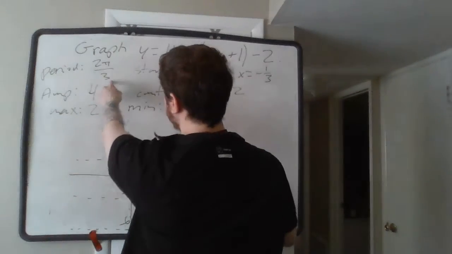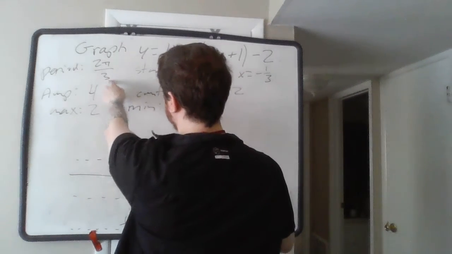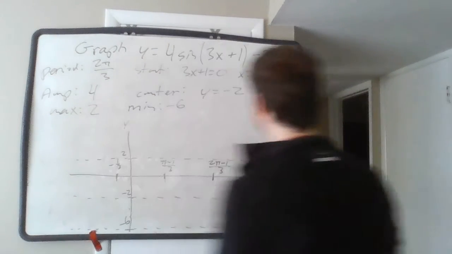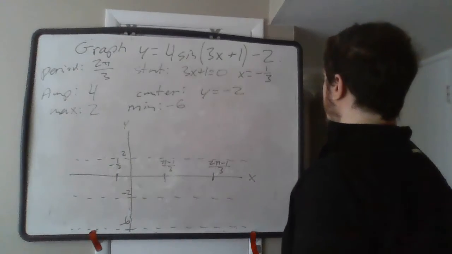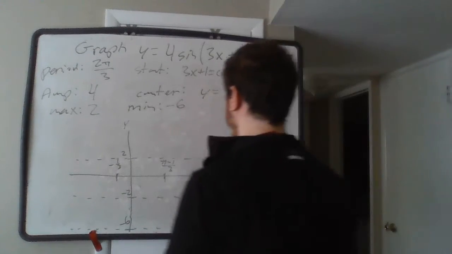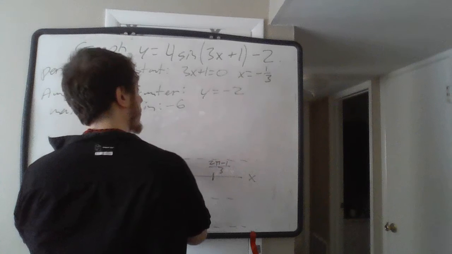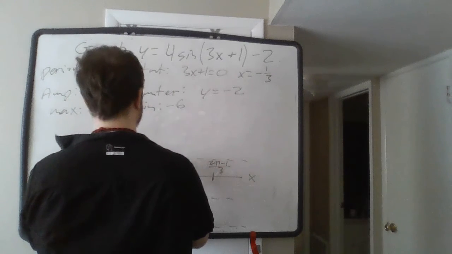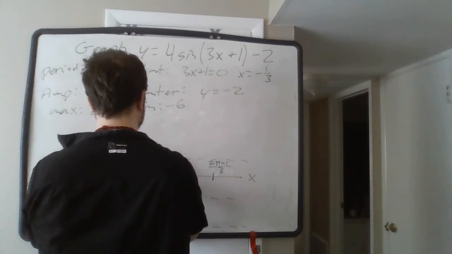1/4 of the period would be 2 pi over 12, so that's pi over 6, so that's going to be pi minus 2 over 3, over 6, sorry.